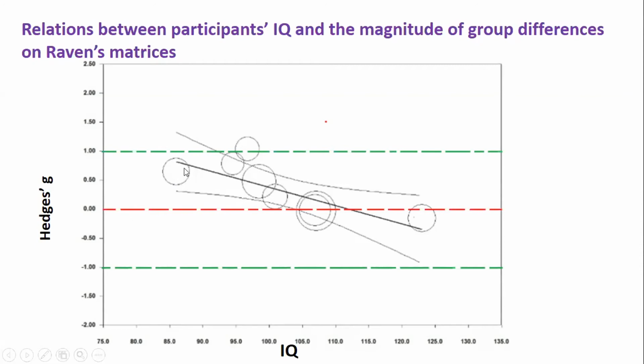So there's a positive effect size for this group, and around an IQ level of 105 and 110, this becomes 0. So for participants with lower levels of intelligence, you can see an advantage in Raven's matrices performance in the autistic group, but if you look at higher ability participants, the group difference disappears, it becomes 0.